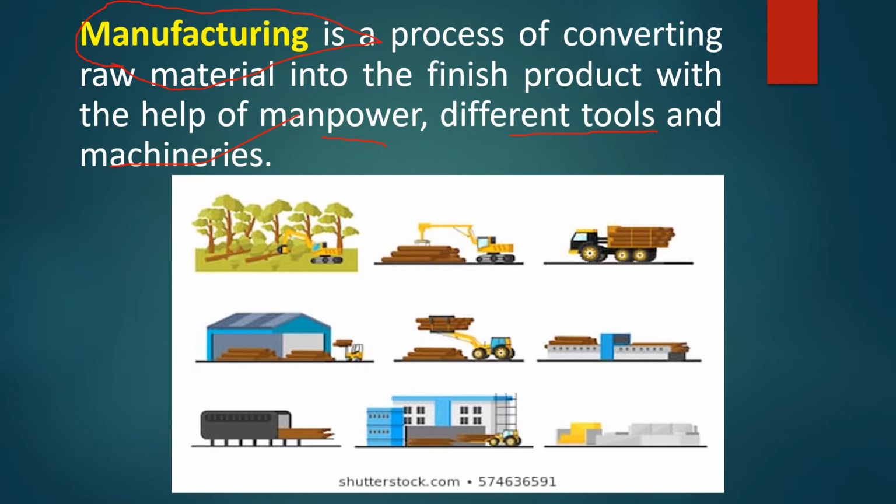Let's take an example of a sofa set to understand the definition of manufacturing nicely. For constructing a sofa set, we need wood as the main material. But wood comes from the forest and we need to cut it down and then transport it to different warehouses, and then it will be transferred to different carpentry shops or wooden factories to cut it into different shapes and sizes.